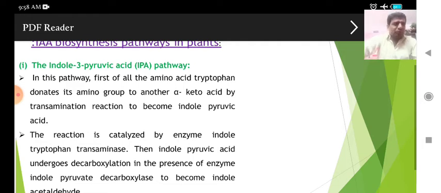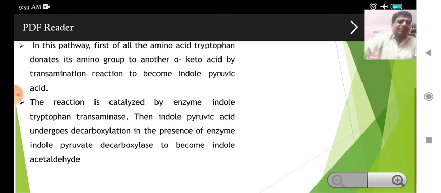Means tryptophan donates its amine group to the alpha keto acid by the process called transamination.